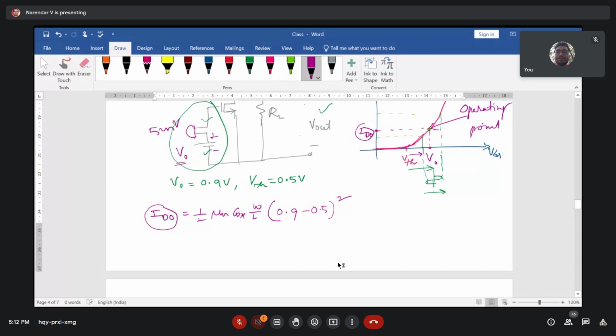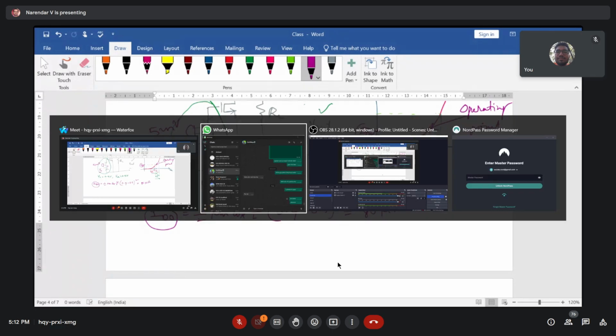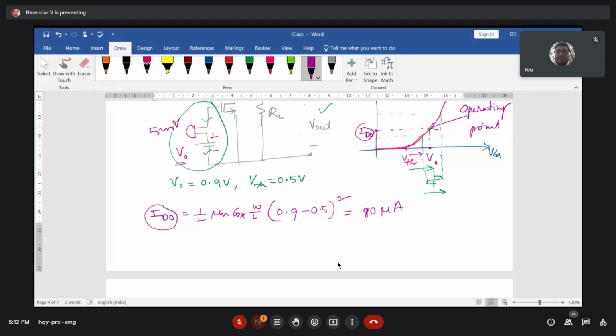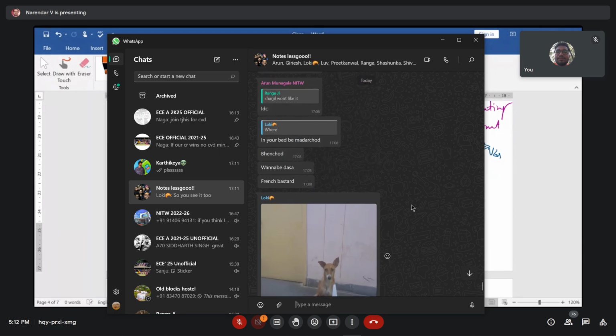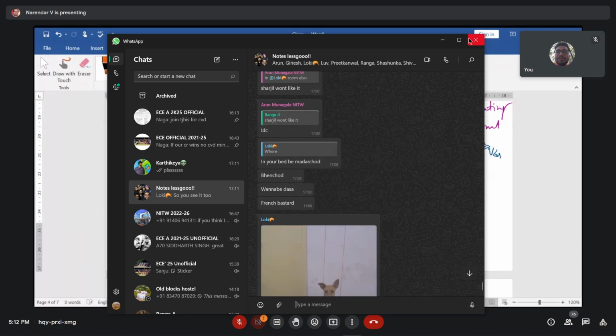Okay. And if you substitute all these values, mu n COX value and W by L value from the previous parameters, you will get it as 80 microampere. In the earlier case, what we obtained was 12.5 nanoampere. And when you apply the DC as well as the analog signal together, then you are going to have ID1, right?